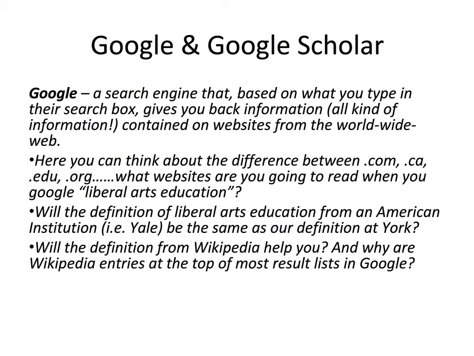Will the definition of liberal arts education for an American institution, such as Yale, let's say, be the same as our definition here at York? And will the definition from Wikipedia help you here? And why are Wikipedia entries most of the time at the top of the results list in Google? Just think about those questions and analyze them while you think about your topic.